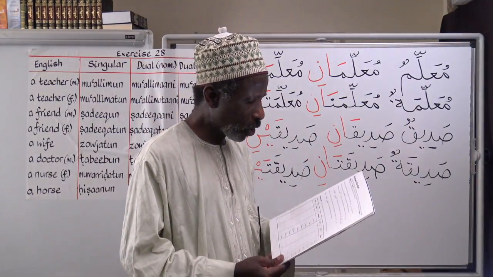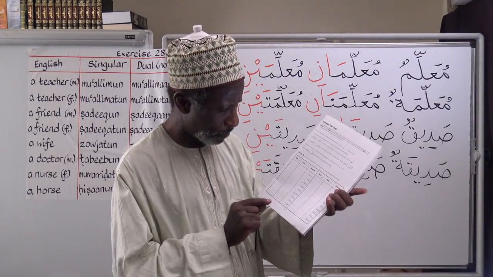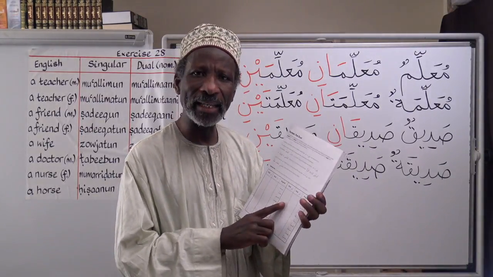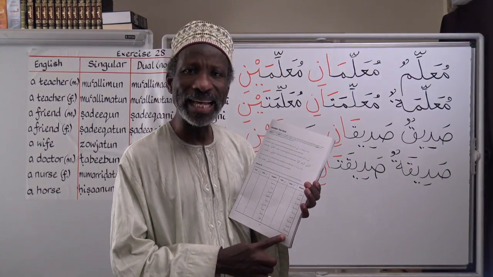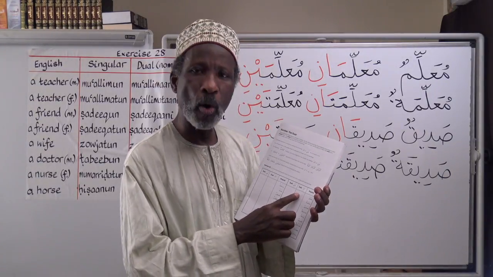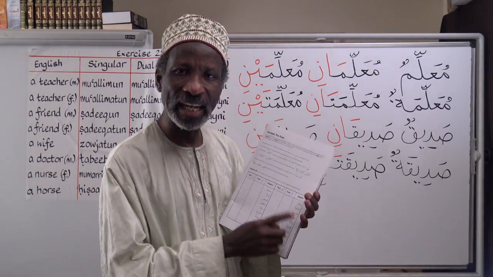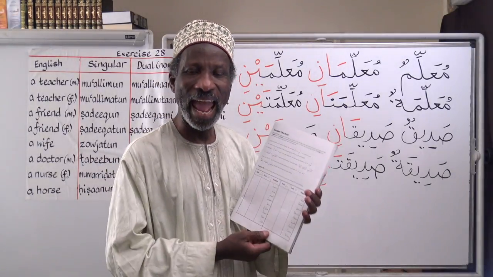So please complete the rest of exercise 28 for me on page 36 by converting each of these singular nouns to dual in the form of the nominative ani ending or the accusative genitive ayni ending.